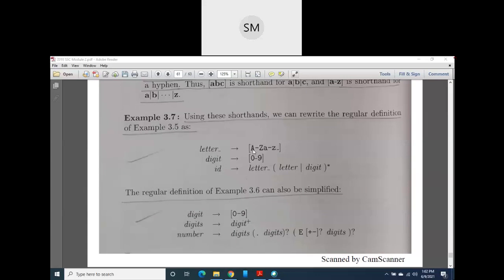Instead of writing all A to Z, small letters and uppercase, including the underscore for letter, I just write them as a range here, A-Z followed by underscore. For digits also, instead of writing all the numbers, I just mention the range in square brackets. That is a digit.